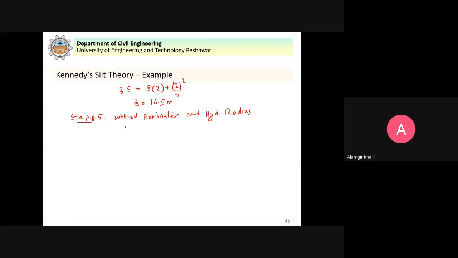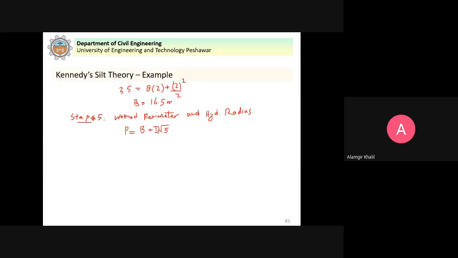For the wetted perimeter, this is the equation: B plus D into square root of 5. The side slopes we have already assumed.